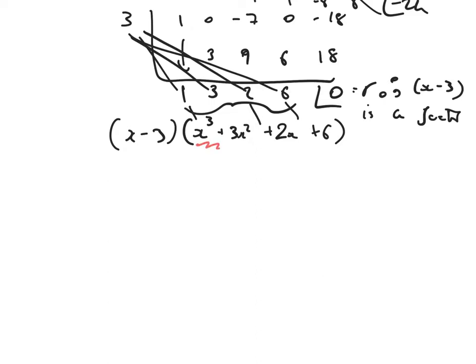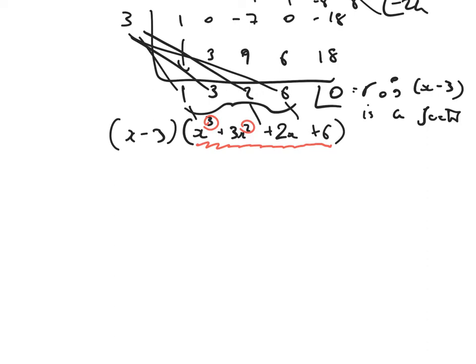Okay, now we're tasked with factorising this: x cubed plus 3x squared plus 2x plus 6. And if you think about it, that's just another polynomial, which we'll need to set up a synthetic division with, since it's a cubic as opposed to just a quadratic.